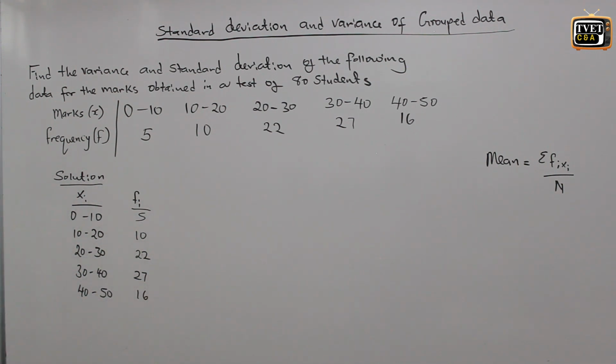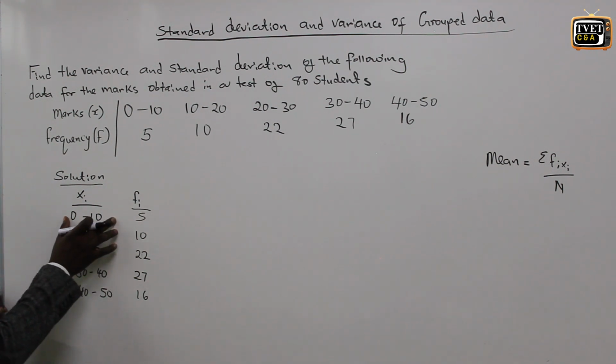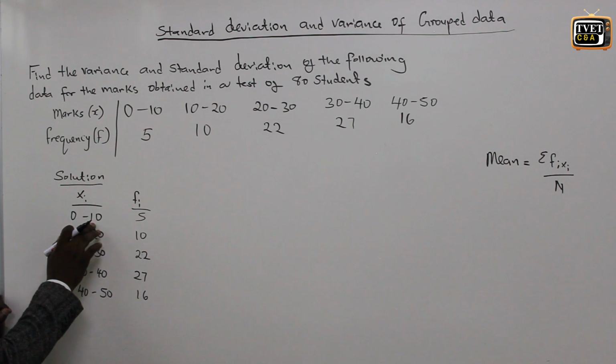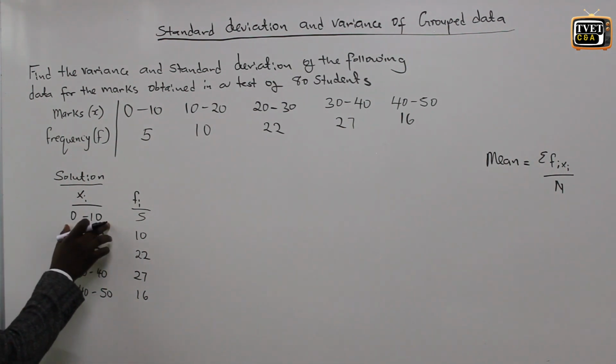That is the frequency. Once we have this group, we need to find the midpoint or the mid value. The midpoint will be, you go to the x variables here, we have 0 to 10, meaning you'll take 0 plus 10 divided by 2, which is 5.